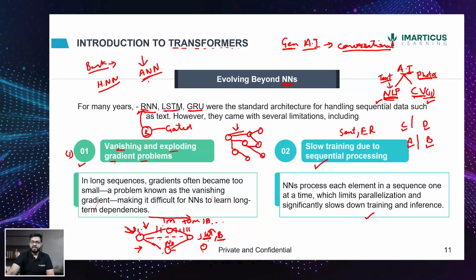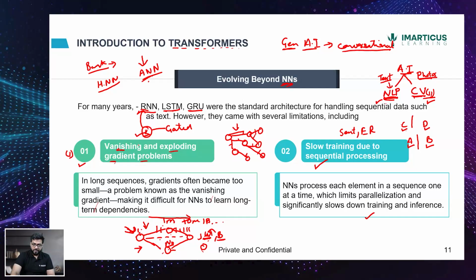Even though they were specialized, they were not able to perform or give us the desired output. We tried to retain some information in them and pass it so that it does not forget it, but still it was forgetting it. We tried to add some gates to it to retain the important information and to understand what is important and not, still it was not able to give us the required efficiency.